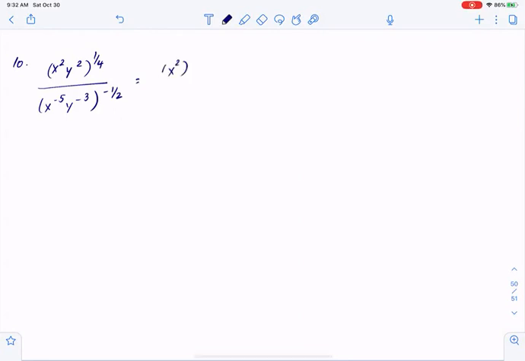Going to apply the exponent to each term.